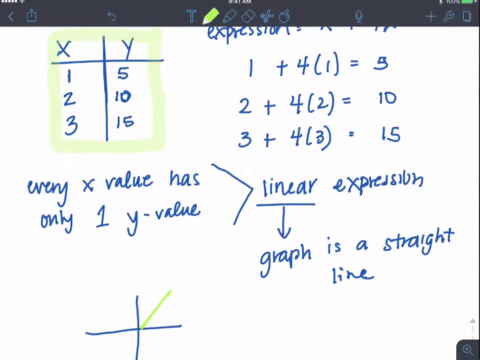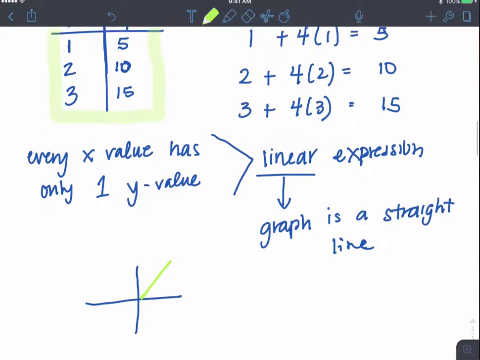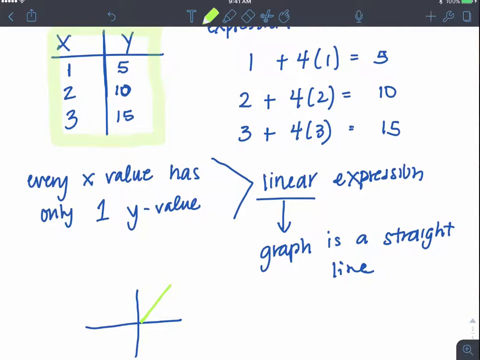Or vice versa, see how many x values there are for each y. And if you are able to come up with a line as a graph, then you have a linear expression.